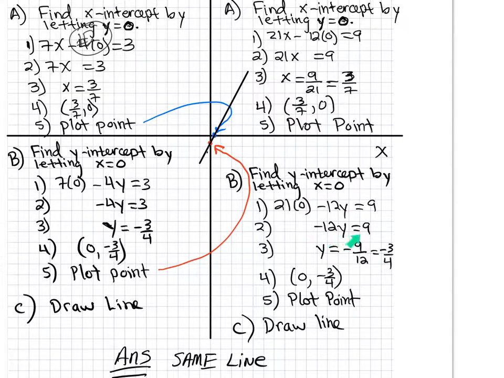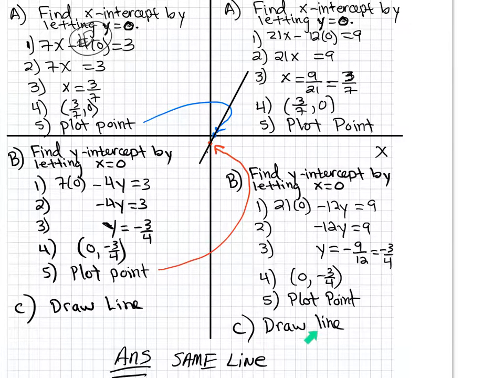Divide by negative 12, and we have y equals the fraction negative 9 over 12, which then reduces to negative 3 over 4. Then in line 4, we write it as an ordered pair, where x equals 0 from the top, and y was negative 3/4. So that's your ordered pair. And then in step 5, you plot the ordered pair, which is the blue dot here on the y-axis.